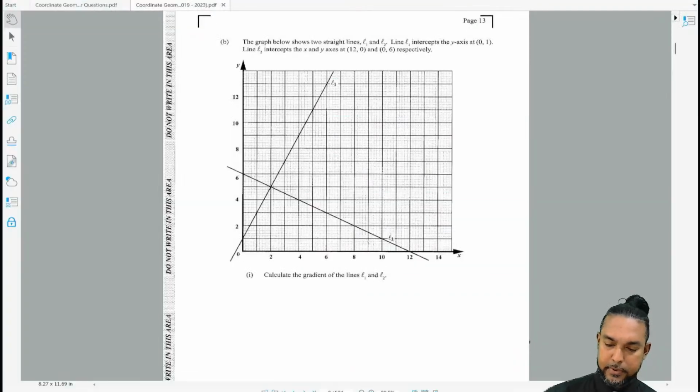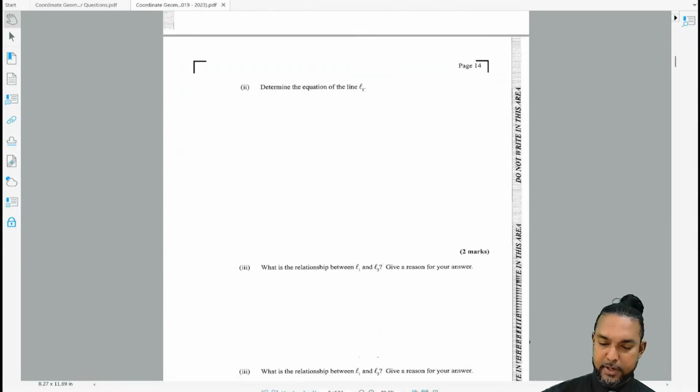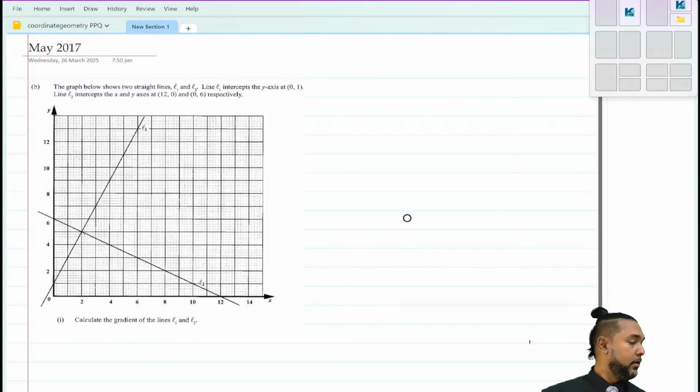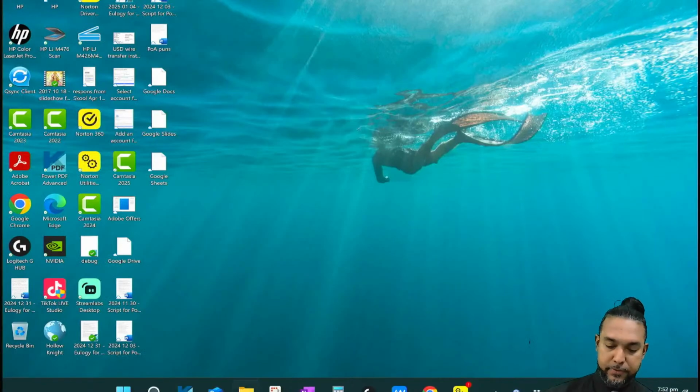One, the equation of line L1. Okay, cool. Let me see if I can print that out for you guys real quick.